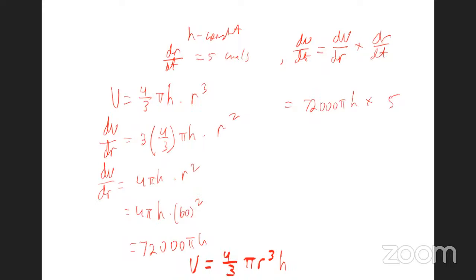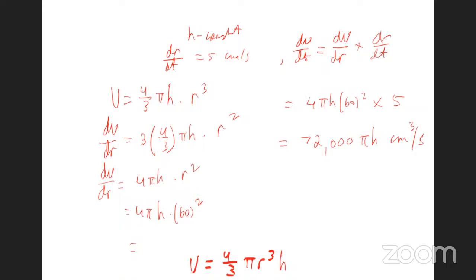So it will be 4 pi H times 60 squared multiplied by 5, and you got 72,000 pi H centimeters cubed per second. Sometimes they give you a value for H. In this question, it did not.